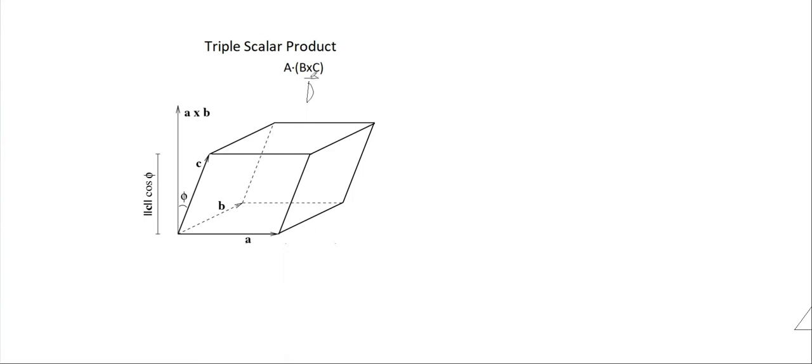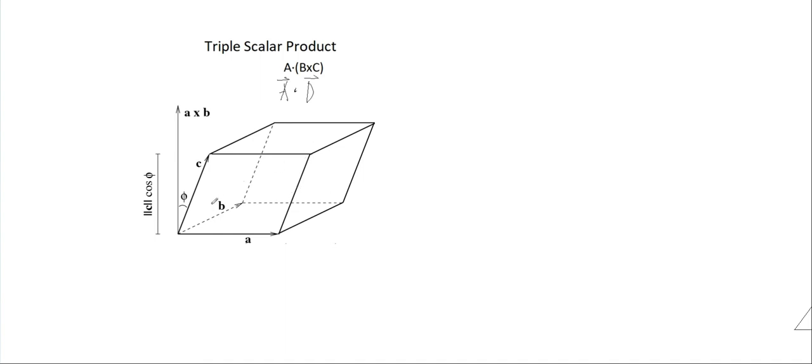It would give you that third vector, and then you take the dot product of a fourth vector with this vector here, and what that gives you is the volume of this thing, which is called a parallelepiped, which is a fun word to say. So instead of a parallelogram, it's a parallelepiped.